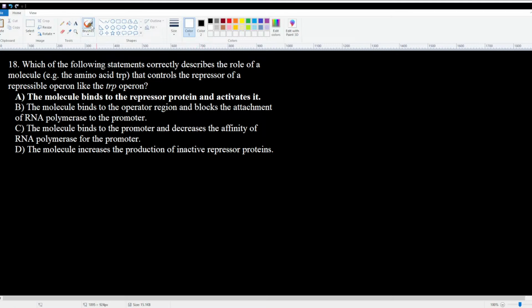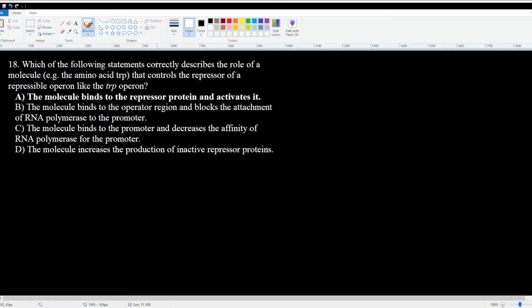Okay. So number 18 is asking, which of the following statements correctly describes the role of a molecule, e.g., the amino acid tryptophan, that controls a repressor of a repressible operon, like the trp operon? So, we already went over the trp operon, right?